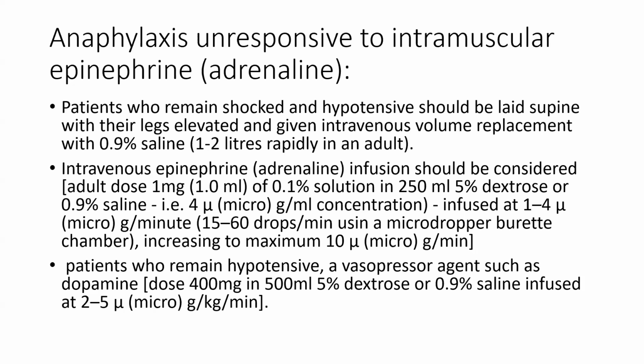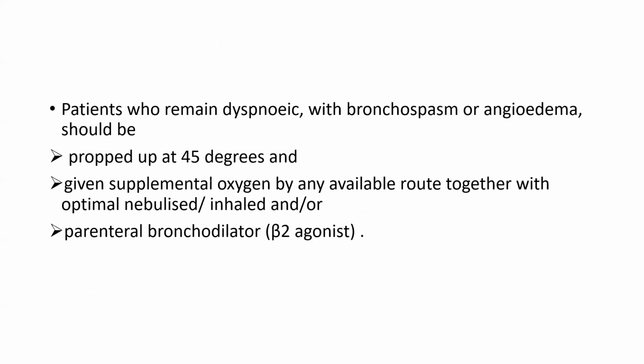Infused at 1 to 4 microgram per kg minute and increased to maximum of 10 microgram per minute. Patient who remain hypotensive we can give vasopressor agents such as dopamine. Patient who remain dyspneic, bronchospasm and angioedema should be given propped up position at 45 degree, given supplemental oxygen by any available route together with optimal nebulized and inhaled or parenteral bronchodilator.